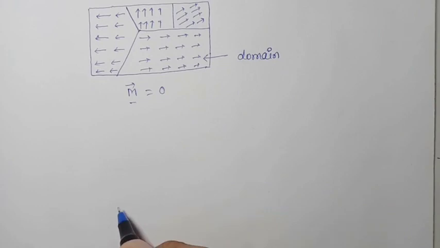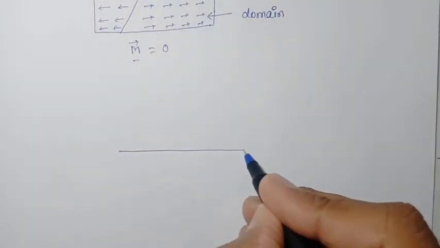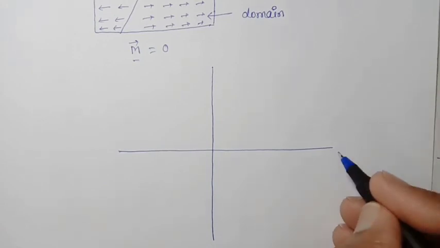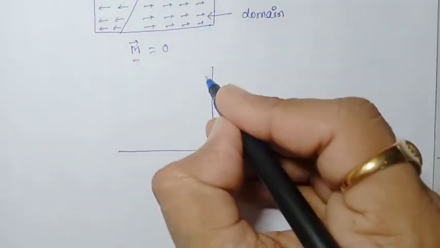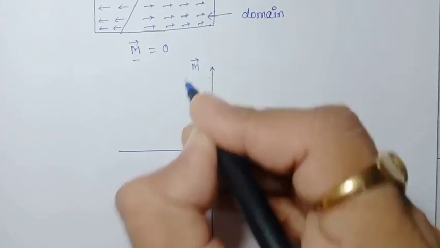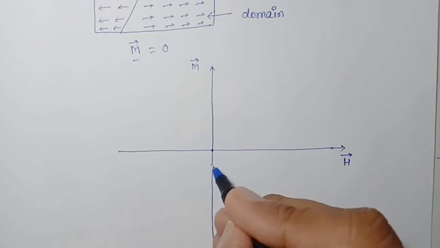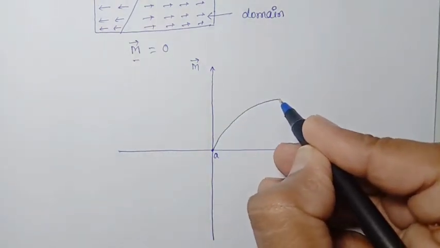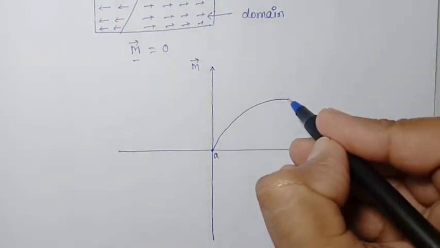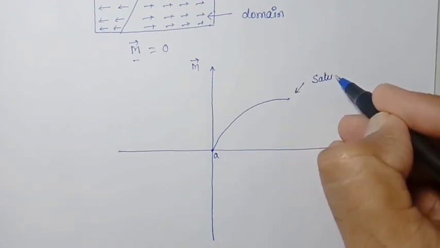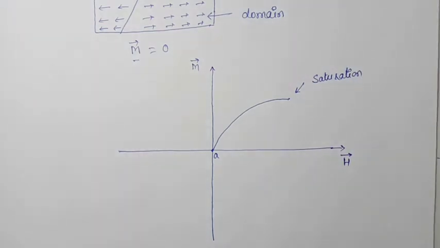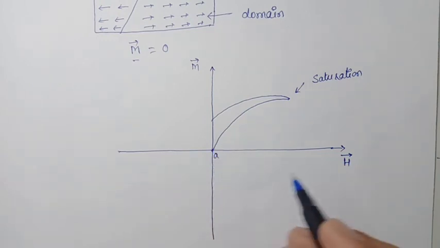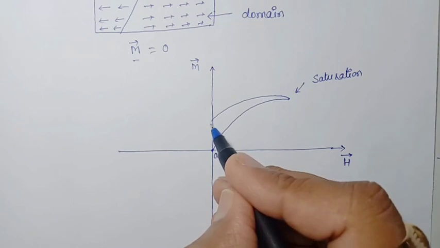Further, suppose we have a ferromagnetic material, and along the x-axis we have the auxiliary field H, and on the y-axis we have the magnetization M. This is the central point A. When we increase the field, the magnetization goes on increasing initially, and we get the saturation point. When we reduce the strength of the field, it follows a different path. At this point the auxiliary field is equal to 0, even then the magnetization is not equal to 0.